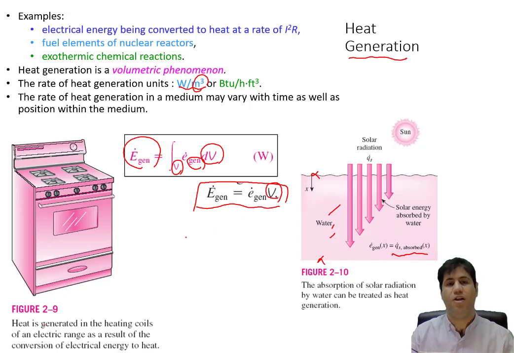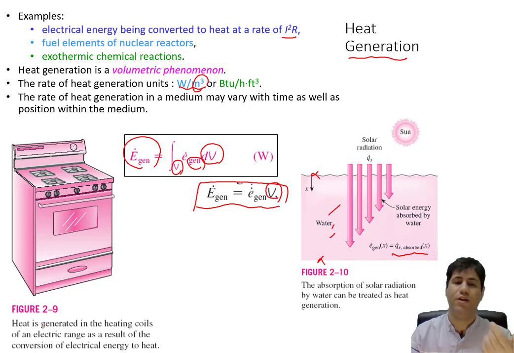For example, if it is a cylinder or a sphere, we need to calculate the volume of that, and e dot generated is a value which we can calculate by different methods. For example, if it is a wire, we can find the volume of that wire, and also we need to have the current and resistance of the wire.